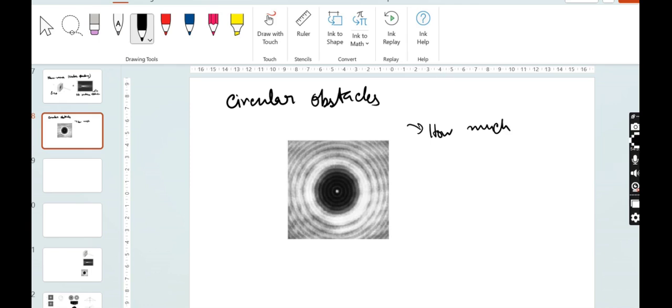It covers the Fresnel zones. So if it precisely covers the first Fresnel zone, then its contribution E1 is subtracted, and E becomes E1 by 2 minus E1.